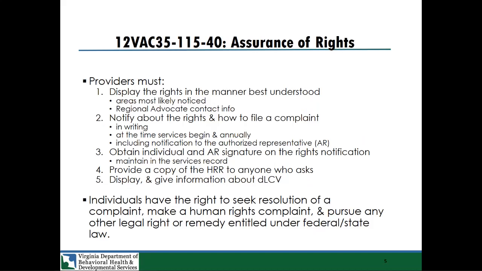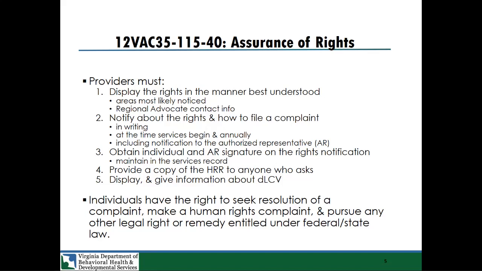Make sure that the rights are posted in the service areas which are most likely to be seen by the individuals. The rights must be presented in the manner that is best understood by individuals you are serving, and the rights that you post must document the name and the phone number for your assigned regional advocate.